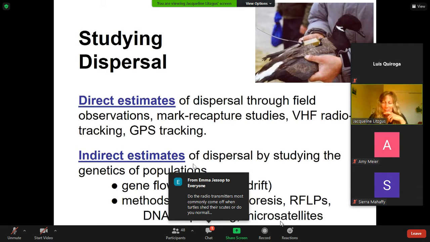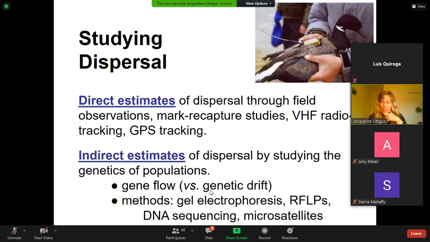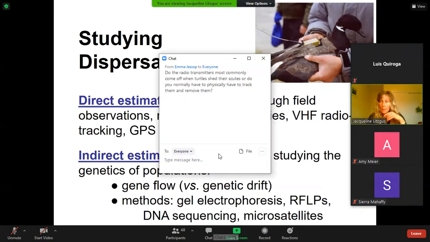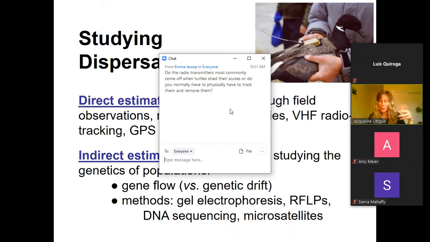Okay. So that's direct estimates, and then indirect estimates of studying dispersal can be done by using genetics. So dispersal, immigration and emigration from one population to go breed in another is a form of gene flow, right? And we talked about forms of evolution, right? We talked about natural selection, but we talked about evolution being changes in the genetic composition in a population.